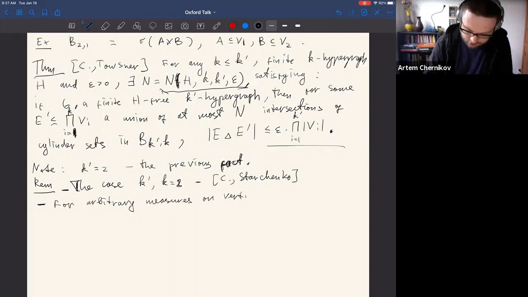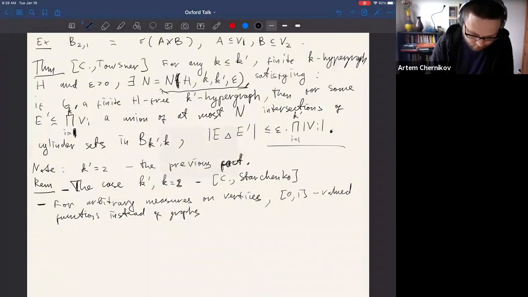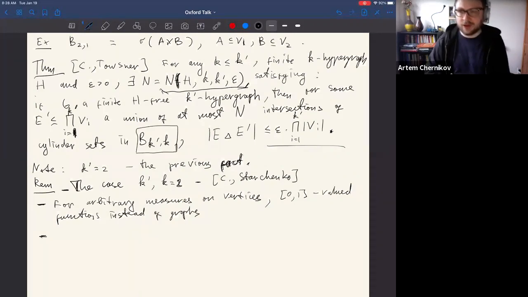For arbitrary measures on vertices, we can also consider, instead of graphs, real valued functions, valued in some bounded interval, for example 0 to 1. And also, we have more information about the sets. We don't have to consider arbitrary intersections of cylinder sets.